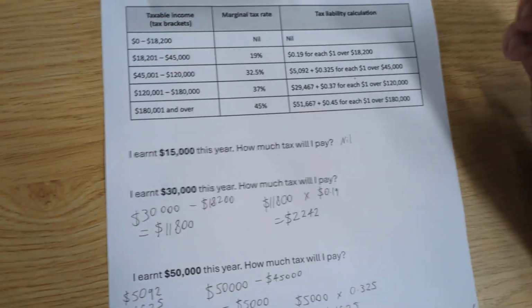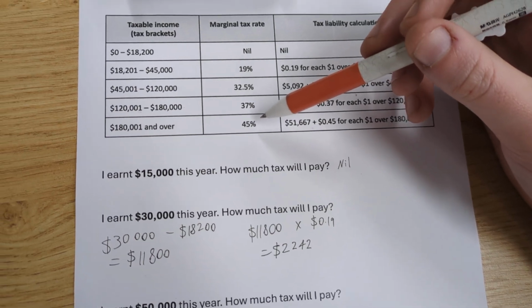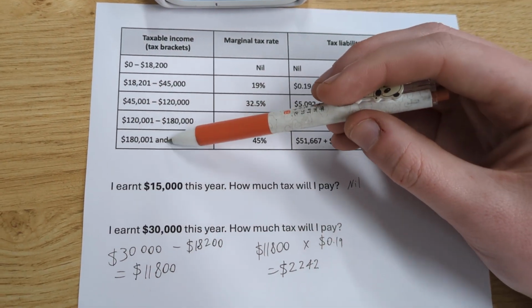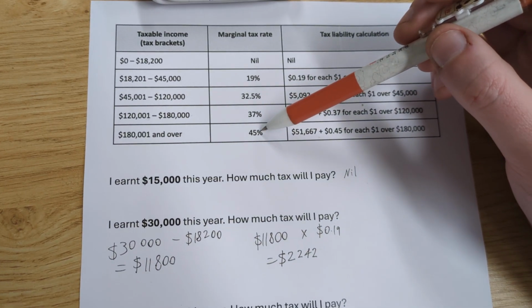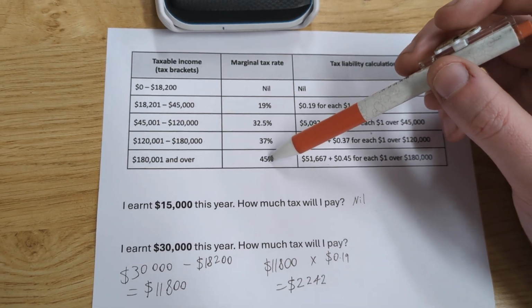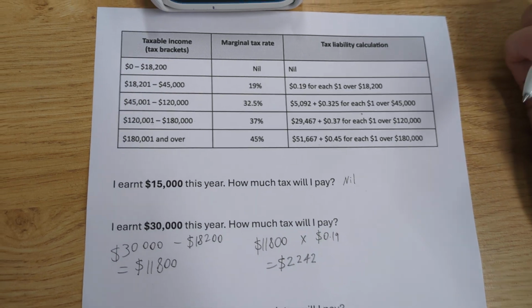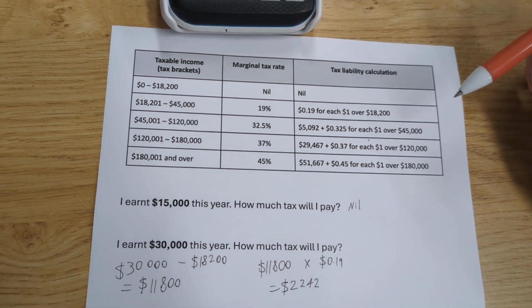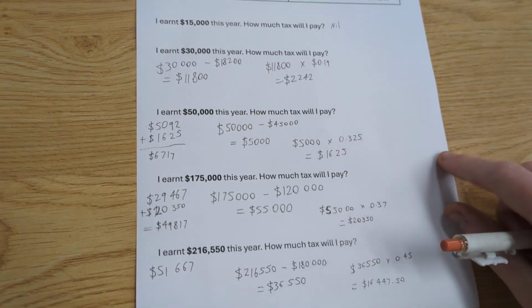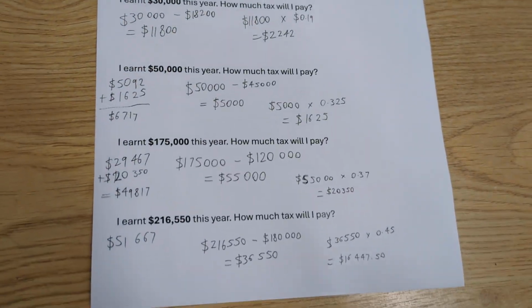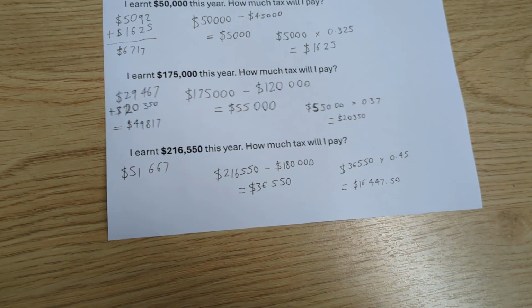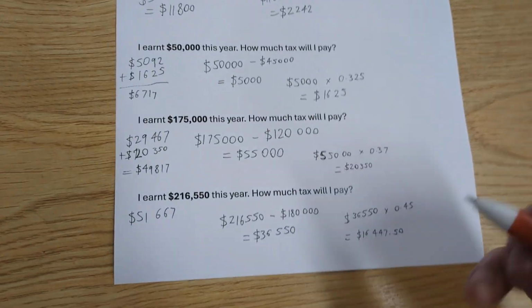If you notice, when you get up here, 45%, any money over 180,000 bucks, nearly half of that is just going to the government in tax. So if I earn $1 million, I'm probably going to give the government like 400,000 bucks in tax. The higher up you go, the more you've got to pay in tax. People find out ways to dodge this. Some of it illegal, some of it actually not illegal. It's just savvy.